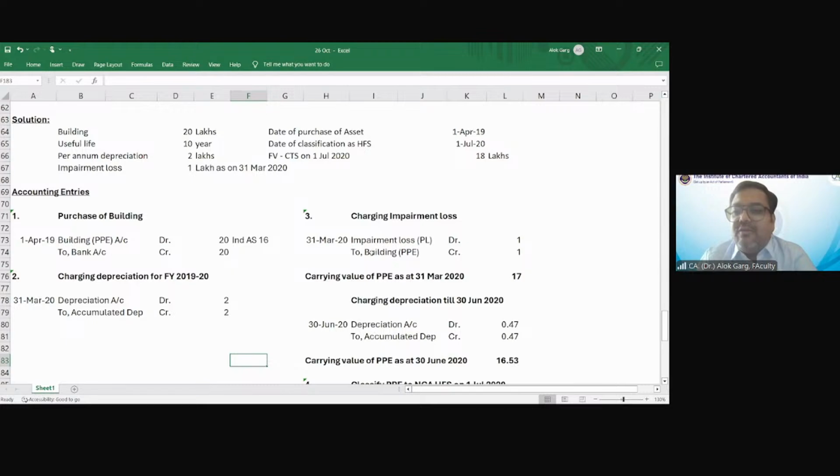Then there is fair value. What is fair value? It's a market value only. Then there is fair value less cost to sell. If you reduce the cost to sell from the fair value, it becomes fair value less cost to sell. Then there is net realizable value, which is used in the inventory standard. What is NRV? NRV is estimated selling price minus estimated cost of completion minus estimated cost of disposal.